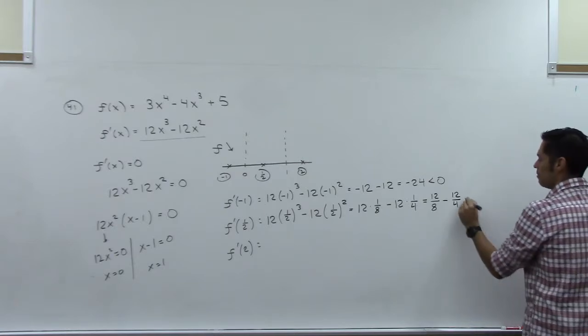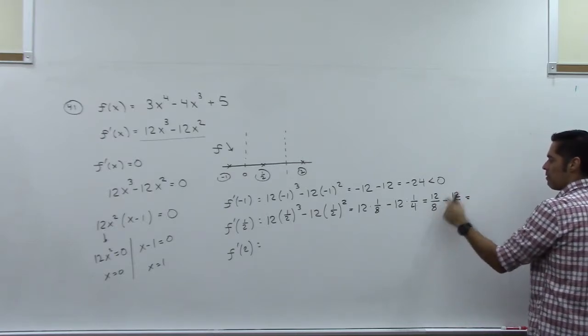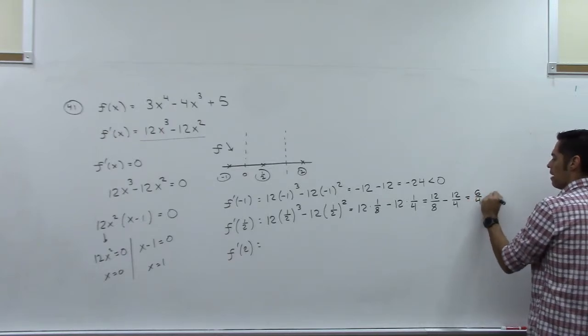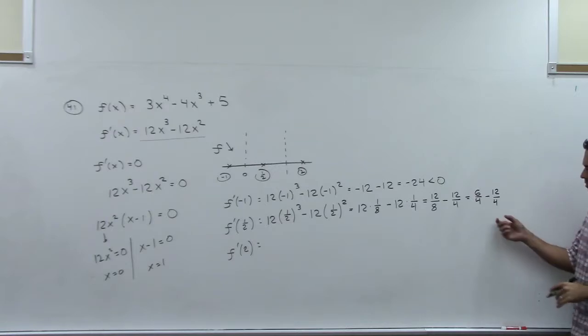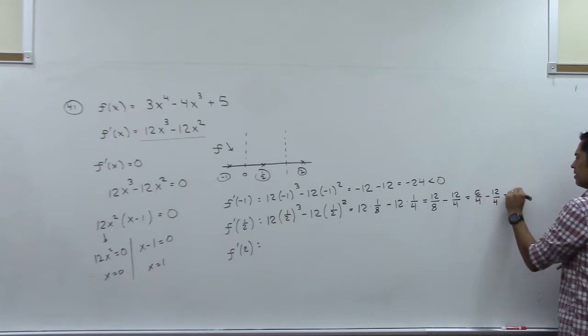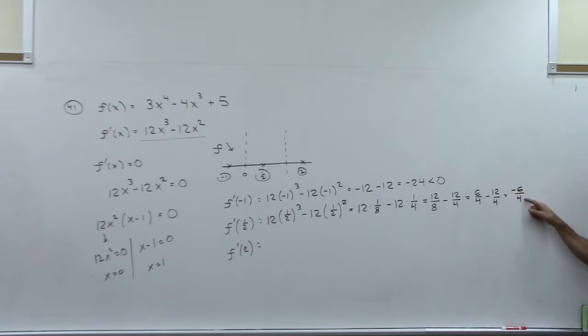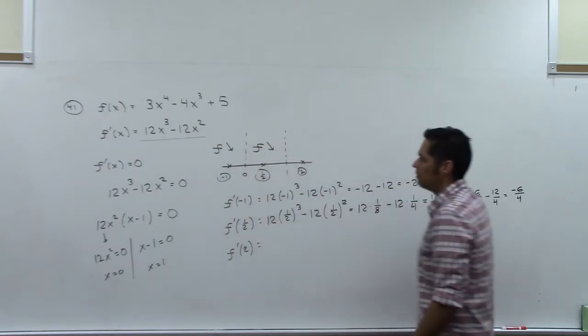Depending on how you want to do this, I'm going to reduce the fractions. Let's just make this 6 over 4. And the other one, let's leave it as 12 over 4. I know that's just a 3, but let's just do this. Same denominator, 6 minus 12 is -6 over 4. This is a negative number. That's all I needed to know. Original function is going down there.